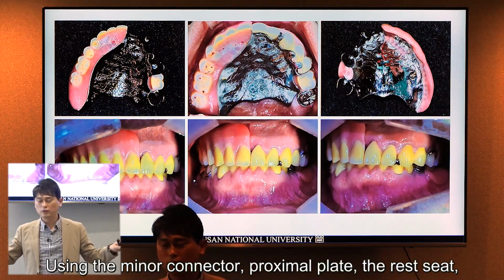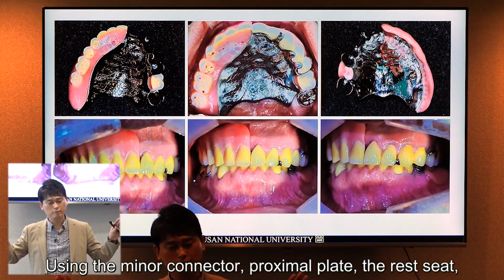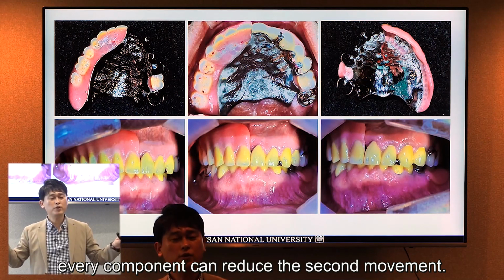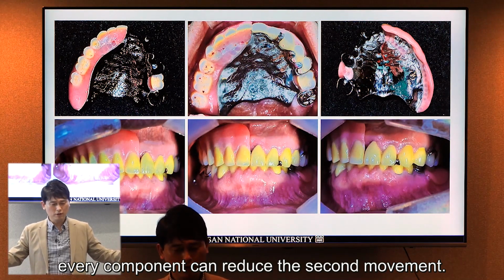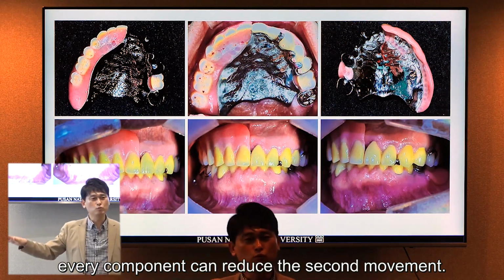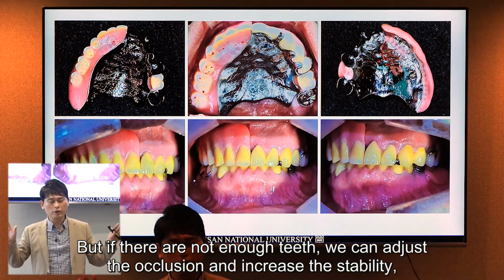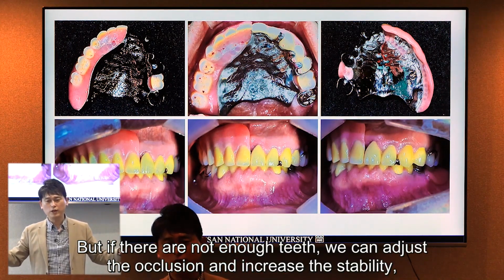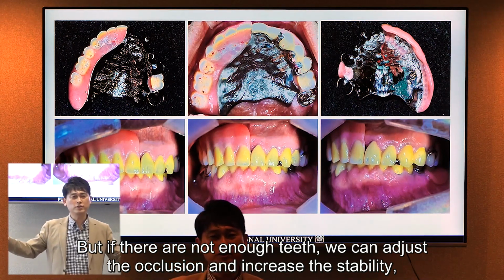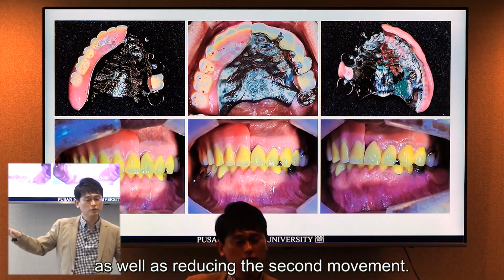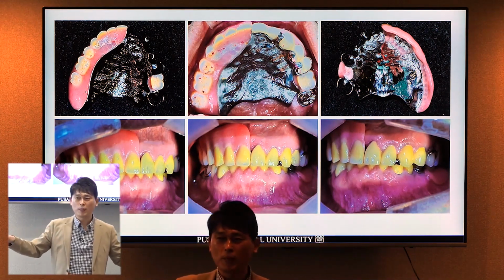Using the minor connector, the proximal plate, and the last seat, every component can reduce the secondary movement. But if there are not enough teeth, we can adjust the occlusion to increase stability as well as reduce the secondary movement.